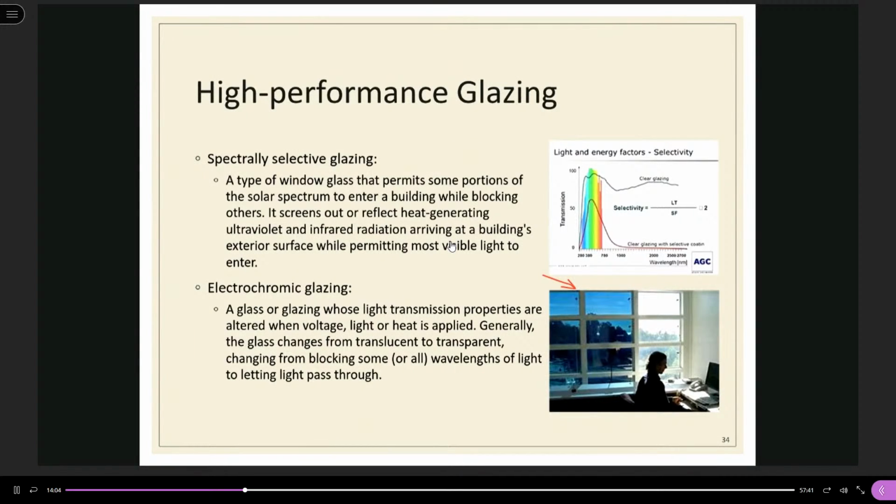When the lighting level is not too high, this window will be transparent. But when the outside is very sunny, so the amount of light received by the exterior surface is high, then the transmittance becomes lower so as to block the unwanted daylight.